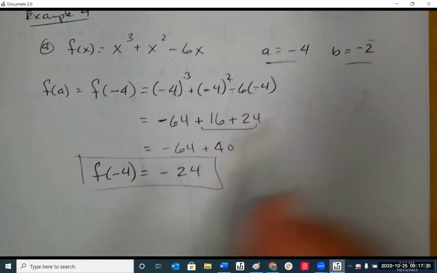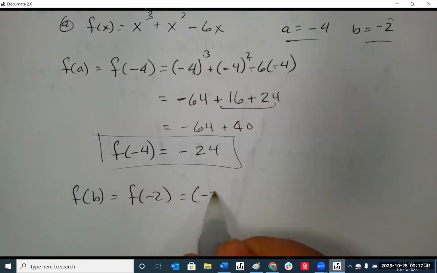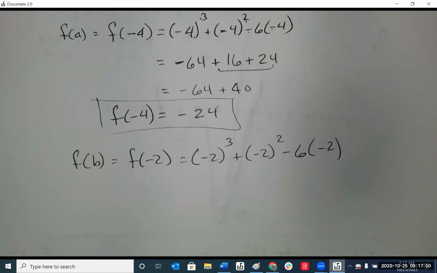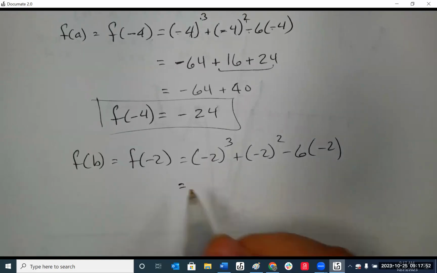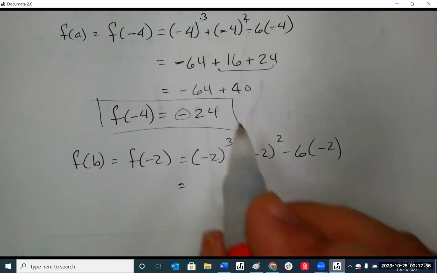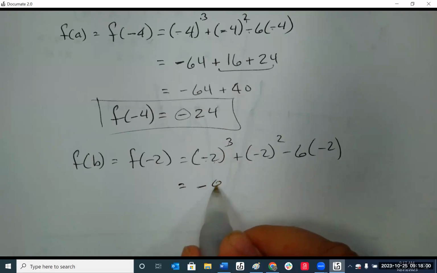What happens at f of b? At f of -2? Negative 2 cubed plus negative 2 squared minus 6 times negative 2. Just plug those values in there. And all we care about is to see what the signs are. Negative cubed is negative. 2 cubed is 8.